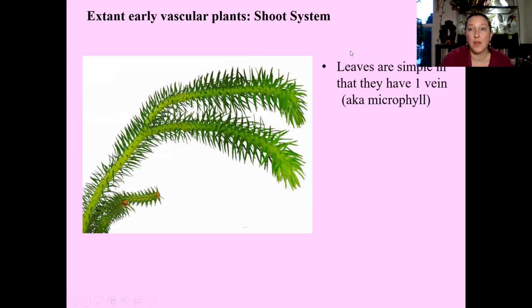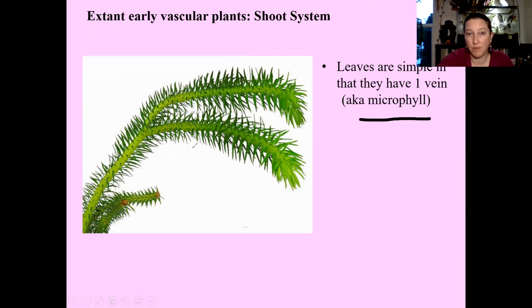A little bit more about the shoot system is another new term for us today, which is microphyll. So the leaves in these early vascular plants, the ones that are still alive today, are very, very simple, and we call them a microphyll. They're very simple in that they have only one vein.